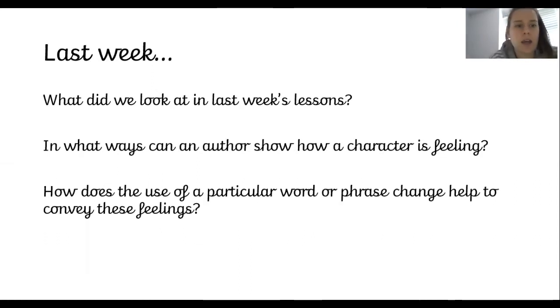So last week, what did we look at? What did we do last week? In last week's lessons, I wonder whether you can remember. Have a little think, and I have to say I'm trying to jog my own memory. What did we do last week in guided reading? In English we looked at Edmund and Lucy's thoughts and feelings, didn't we?